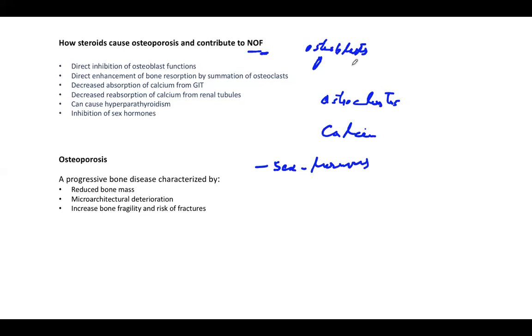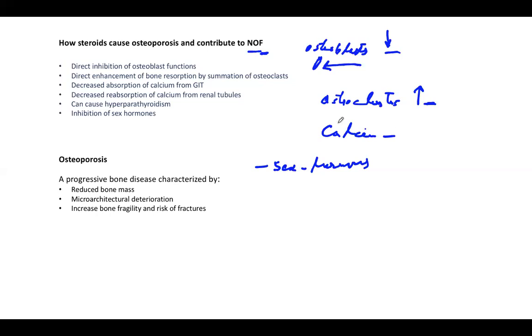If anything inhibits osteoblasts, bone will not be formed. Anything which increases osteoclasts will result in osteoporosis. The steroids do both. They inhibit osteoblasts and increase osteoclasts. They decrease the absorption of calcium from the gut and from the kidney, so they promote calcium loss through the kidney as well.